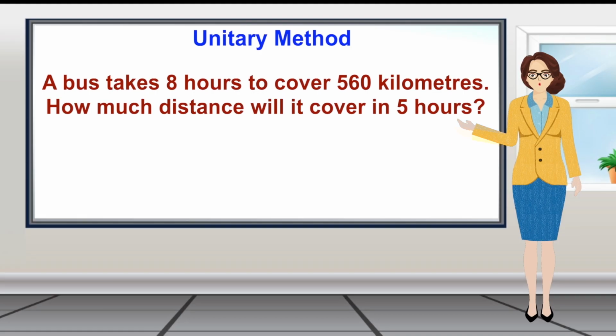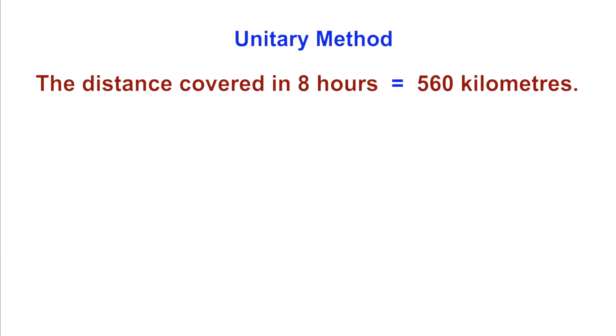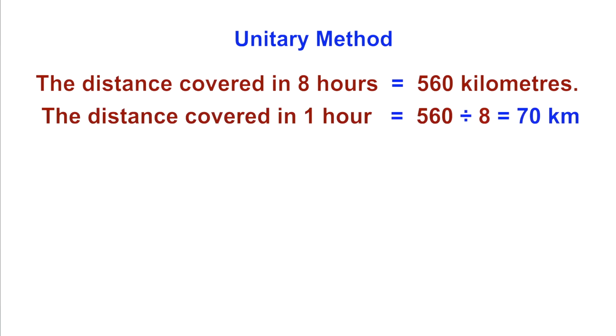Step 1. Find the distance covered in 1 hour by dividing. The distance covered in 8 hours is 560 kilometers. The distance covered in 1 hour is 560 kilometers divided by 8, which equals 70 kilometers. Step 2.